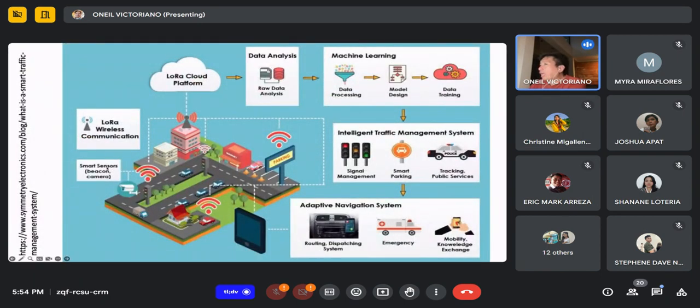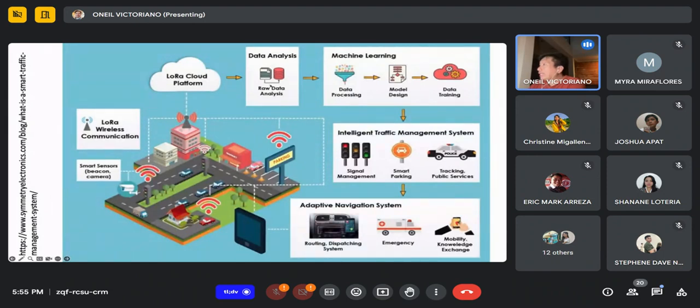So how are we able to have IoT in smart cities? You have wireless communications over sensors. Part of it would be data from sensors, cameras or different sensors. It will have cloud-based communication.